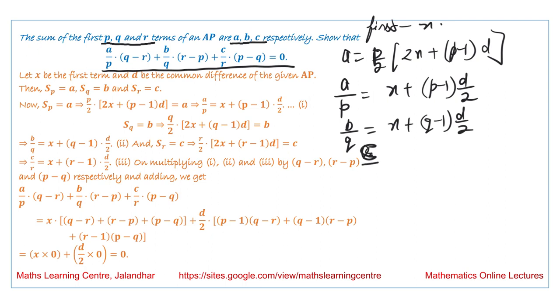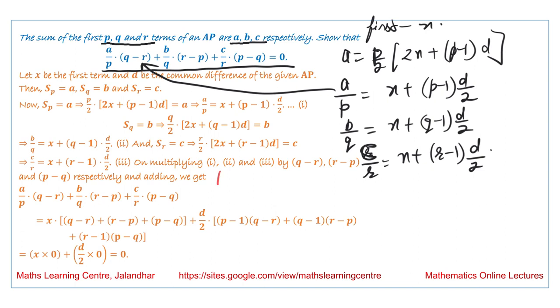and C by r is equal to x plus r minus 1 d by 2. Now we want to calculate the value of these terms. So if we multiply these equations with q minus r, r minus p and p minus q respectively and add them, we will obtain this side.